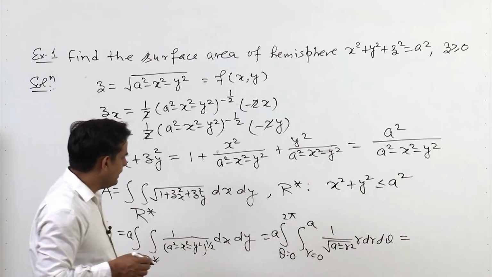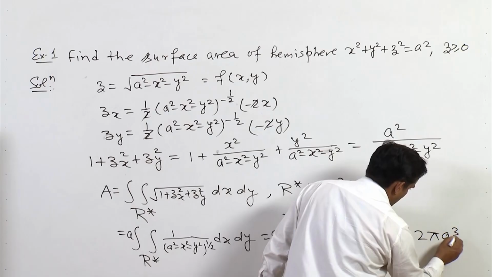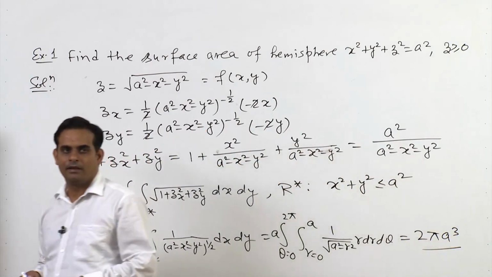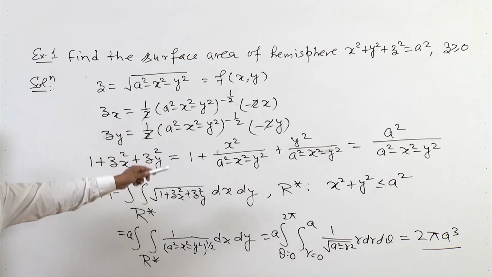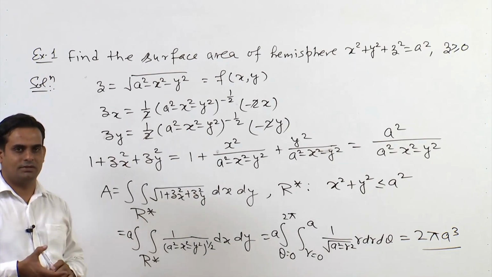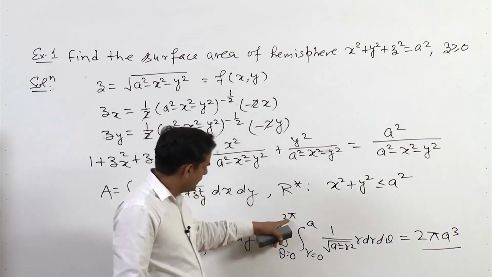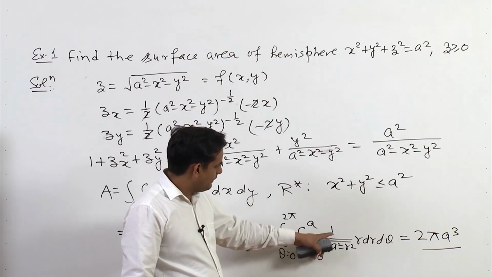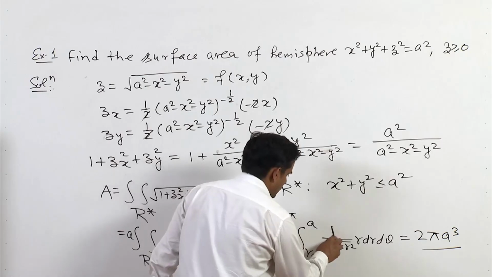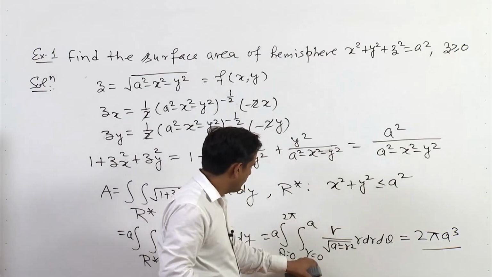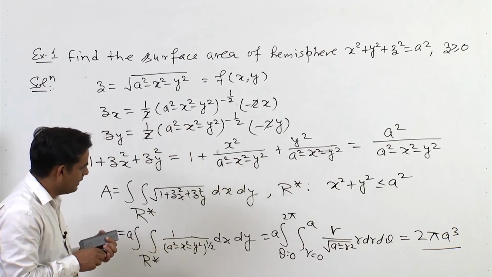When I solve it, it comes out to be 2 pi a cube. Hence, the surface area of the given hemisphere is twice pi a cube, because 2 pi you will get from here, and r upon square root a square minus r square from 0 to a will give you a.